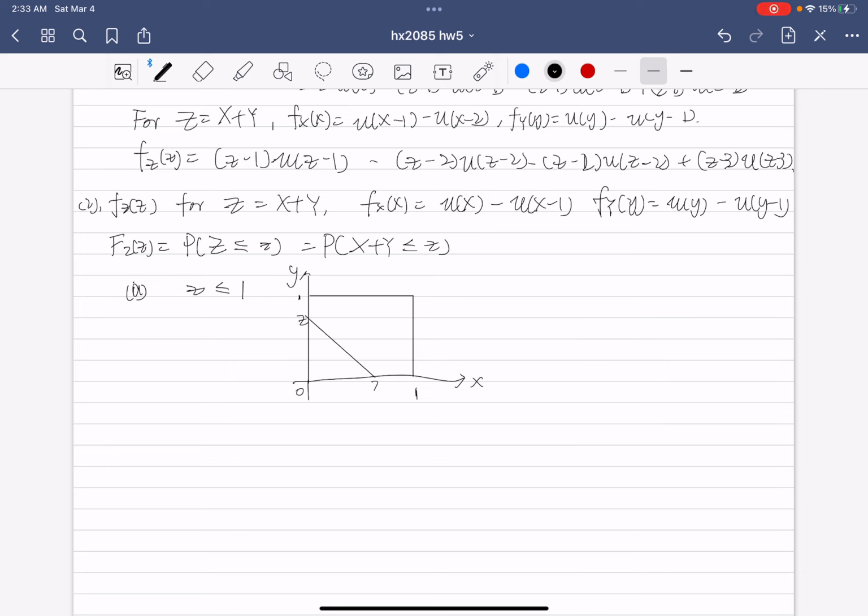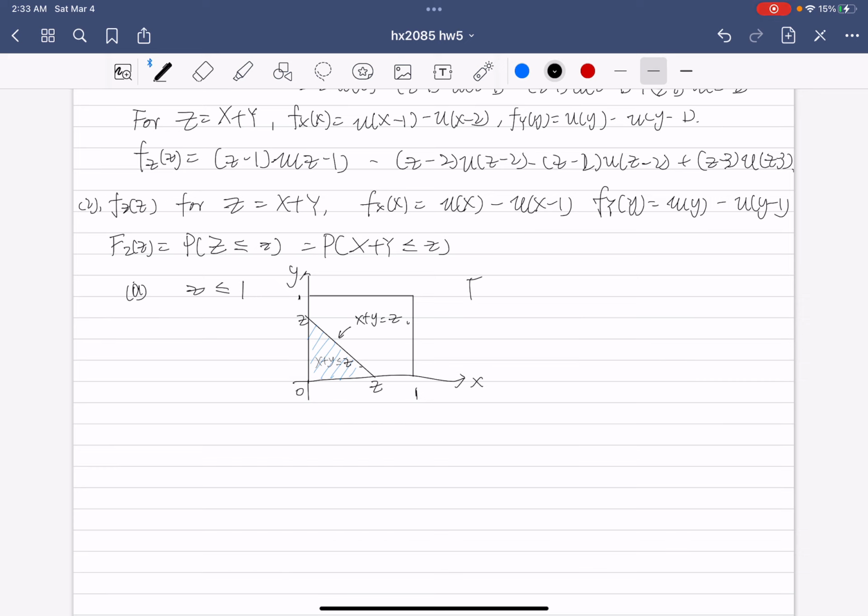Assume here is z, z is less than or equal to 1, and this line is x plus y equal to z, and this area is where x plus y is less than or equal to z.